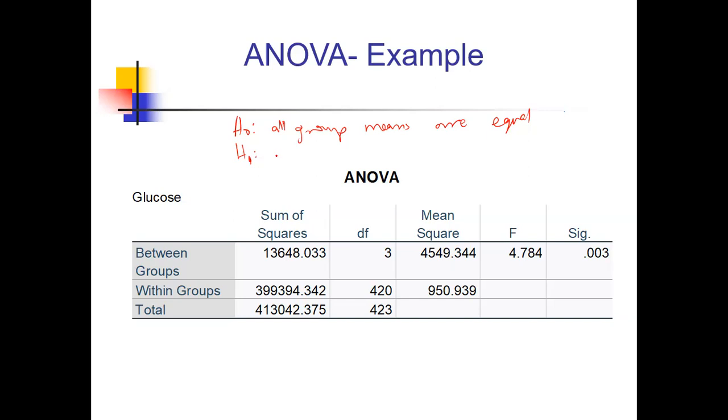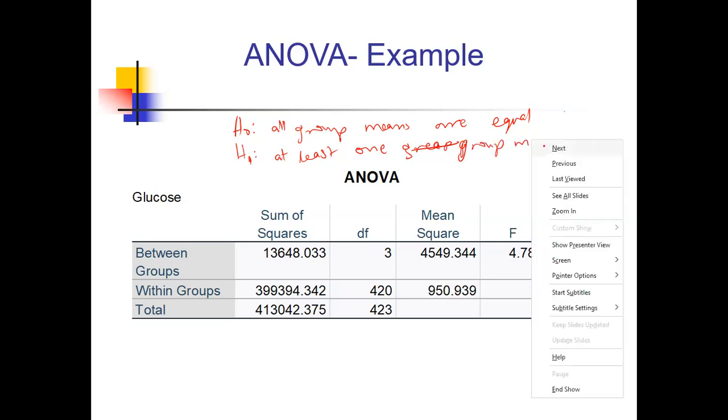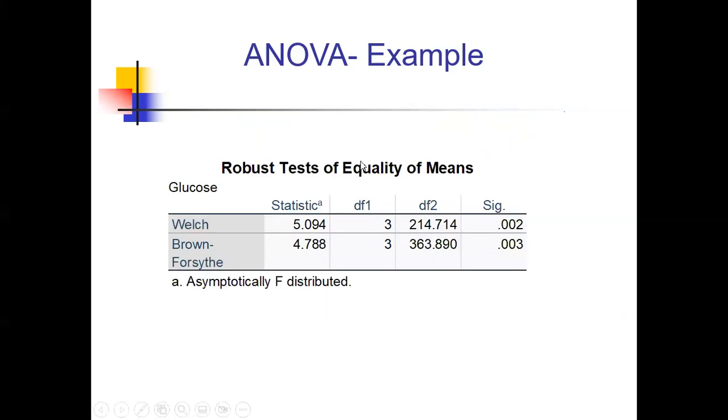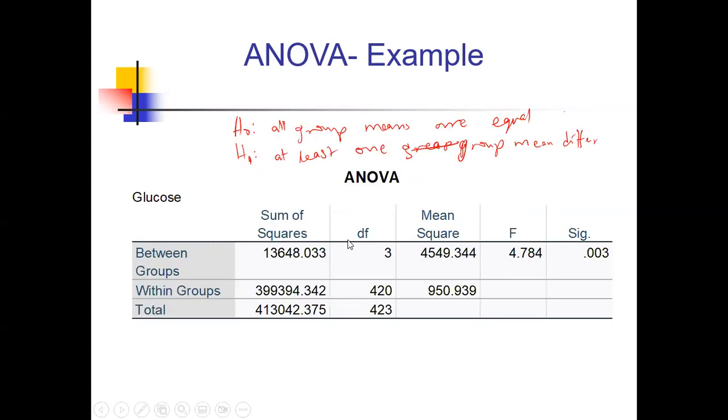The alternative hypothesis is that at least one group mean differs. Okay, at least one of them differs, right? So that is what this table is testing, and that is also what the next table, robust test of equality of means, is testing, right?